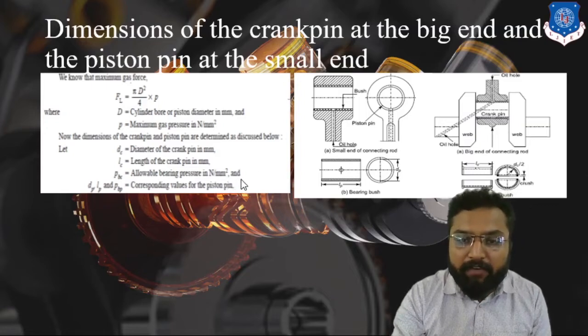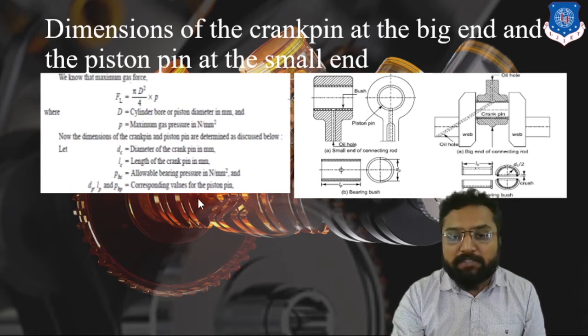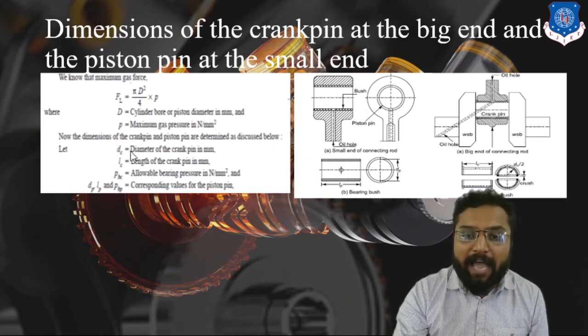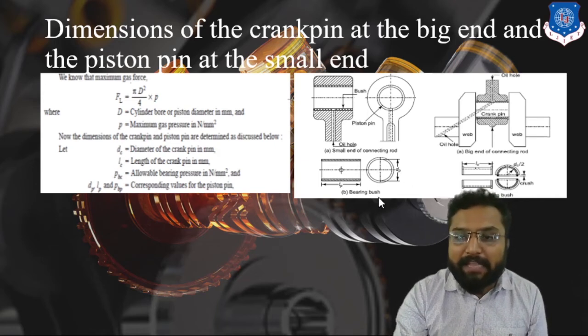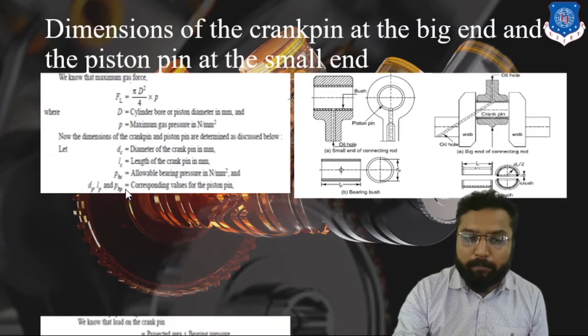So here we have considered allowable bearing pressure for the crank pin as well as the piston pin. So DC is the diameter of the crank pin, LC is the length of the crank pin. Here you can see, for the same criteria, this is the diameter of the piston pin, length of the piston pin, and bearing pressure of the piston.